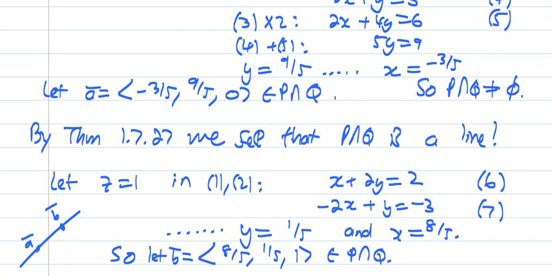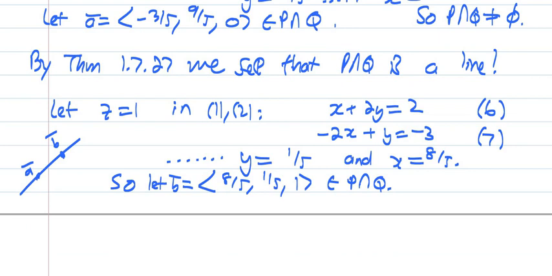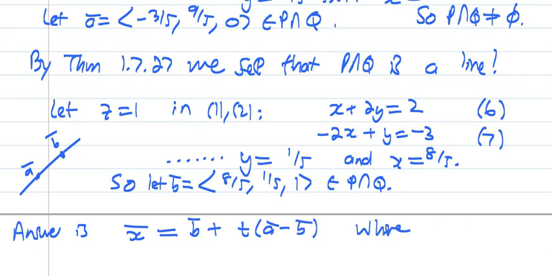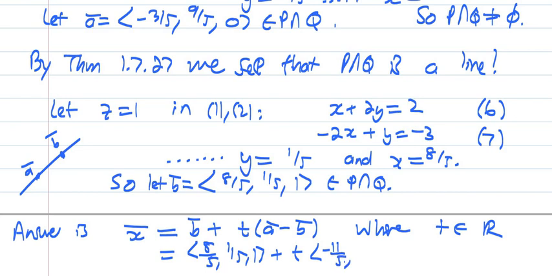All right. And now we can finally say that the answer is, let's give the vector equation for the straight line. So it's x is b plus t times a minus b, where t is a real number. And so vector b is 8 over 5, 1 over 5, 1, plus t times a minus b. The first component is minus 11 over 5.